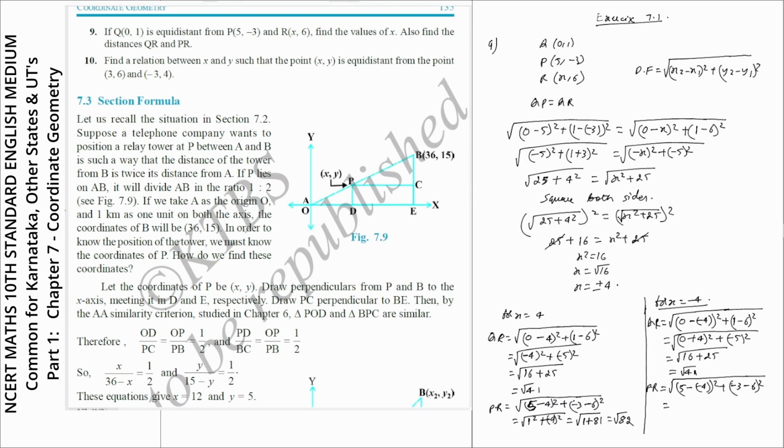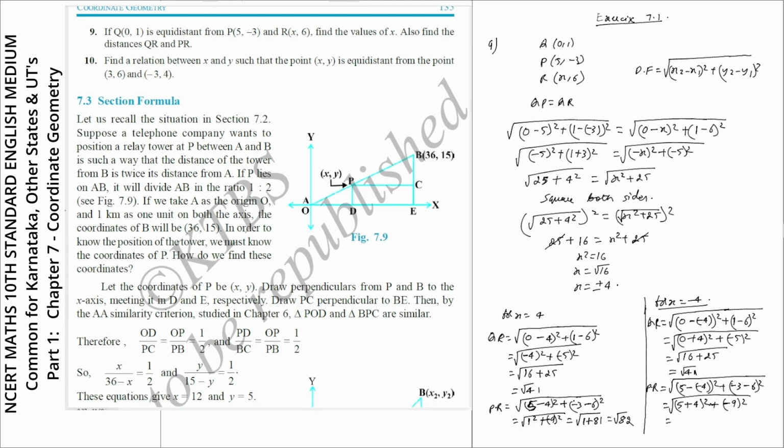So this is 5 minus into minus is plus, 5 plus 4, the whole square, plus minus 3 minus 6 is minus 9, the whole square.